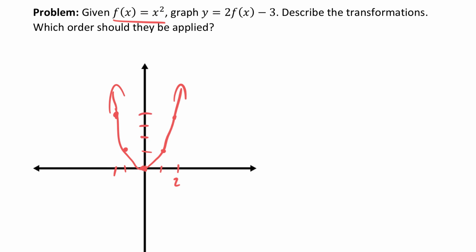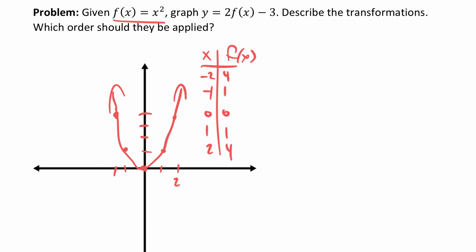But yeah, there's our parabola. Over 1, up 1, over 1, up 1, over 2, up 4. And so we have this table here with the x values -2, -1, 0, 1, and 2, and the y values 4, 1, 0, 1, 4.